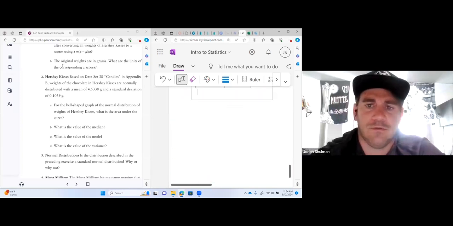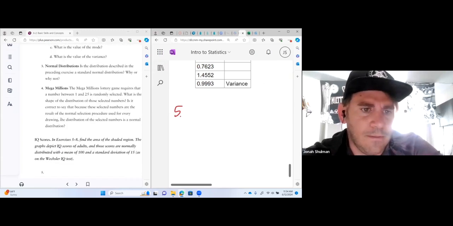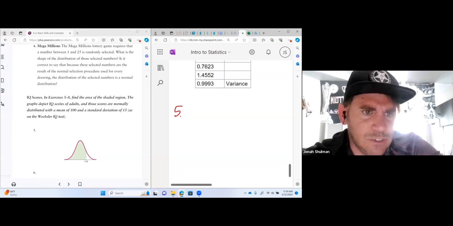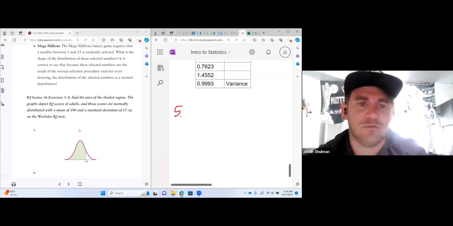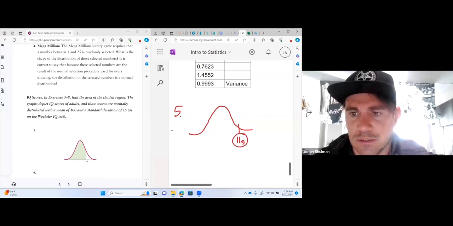Let's go to 5. IQ scores are 5 through 8. Find the area of the shaded region in the graphs of the adults, and those scores are normally distributed with a mean of 100 and a standard deviation of 15. The IQ test, which usually happens, so we have 118. We want to know what this is, right?